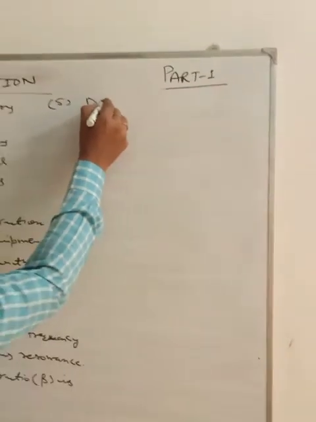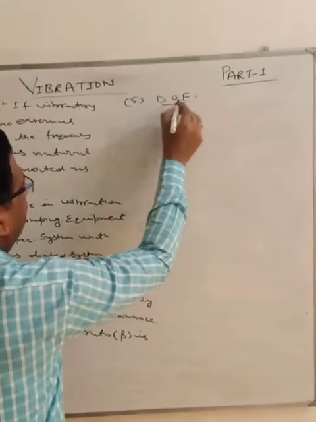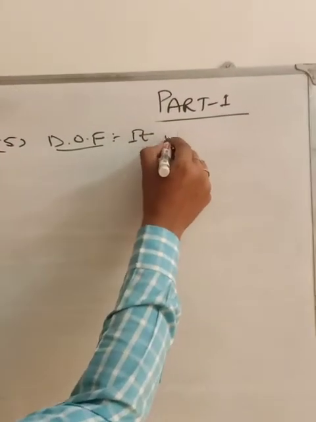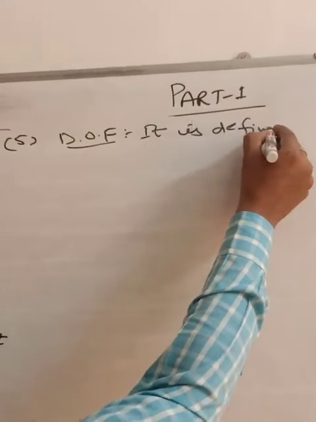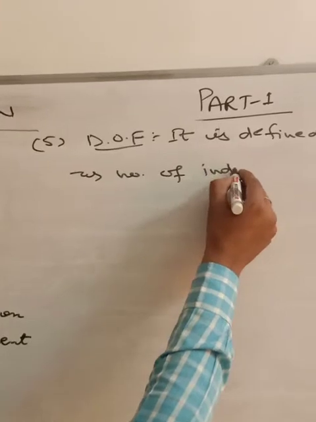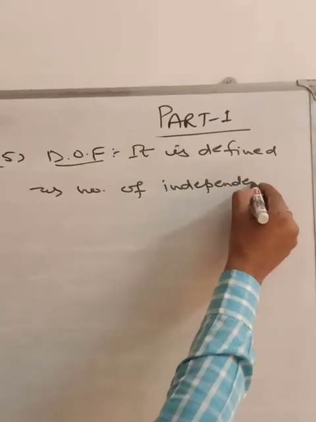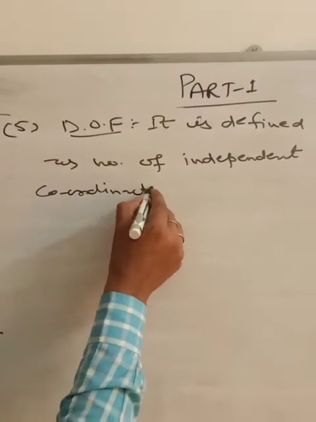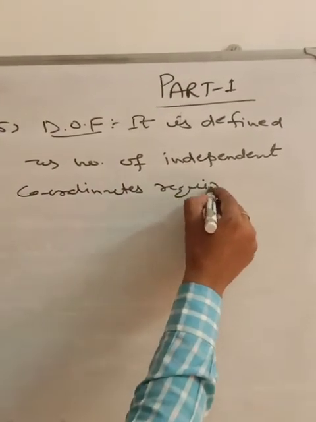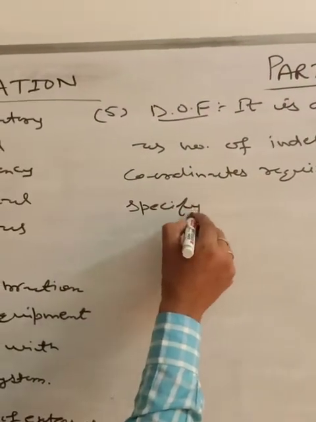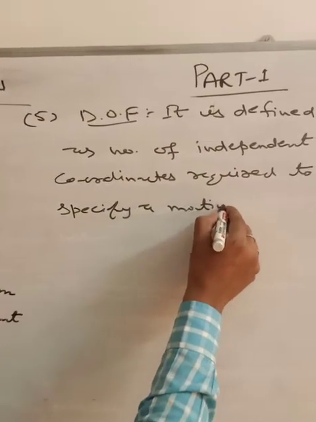Next topic is degree of freedom. It is defined as the number of independent coordinates required to specify a motion.